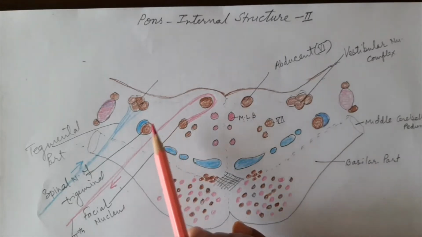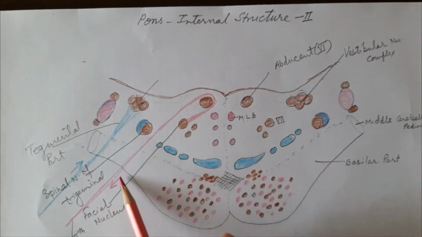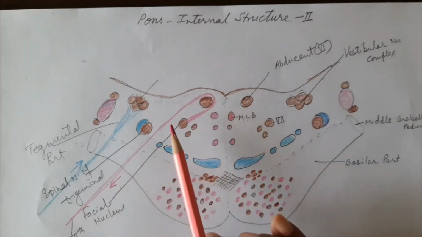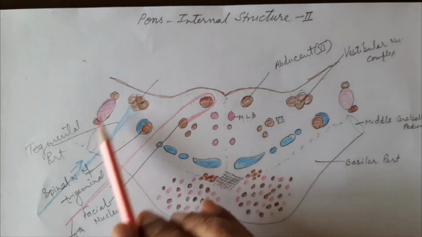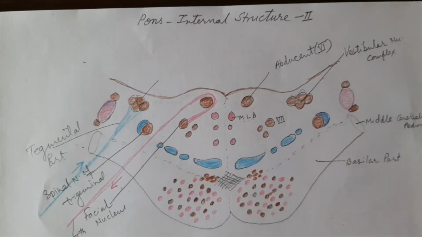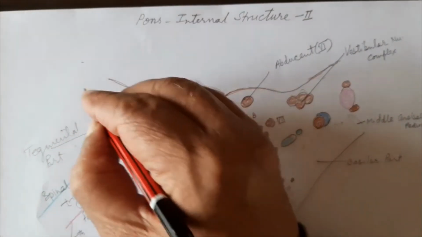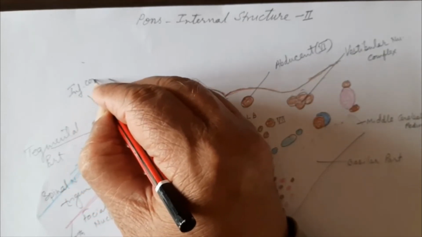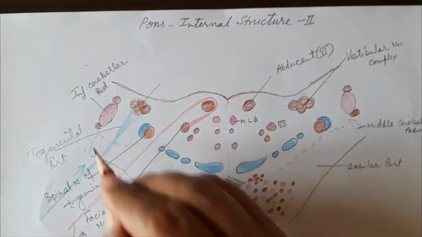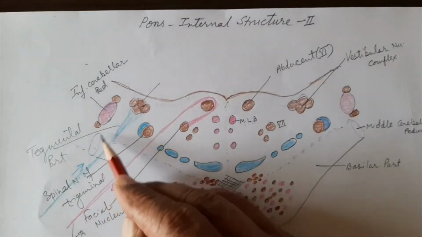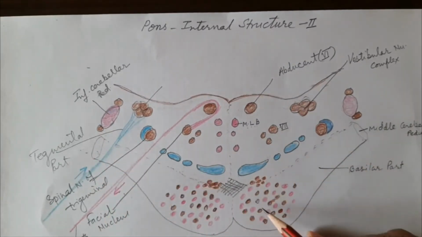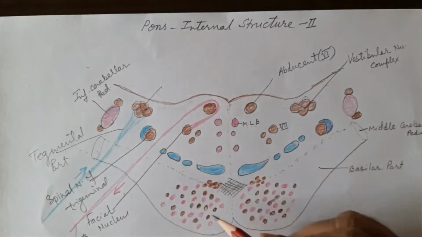So this is how the vestibular nerve and the facial nerve will be attached, coming out through their nucleus. Now the cochlear nuclei are also located here on the inferior cerebellar peduncle. This is the inferior cerebellar peduncle, and this is the middle cerebellar peduncle, just anterior to it, which is formed by the transverse fibers of the corticopontocerebellar tract, which we have learned in the basilar part.